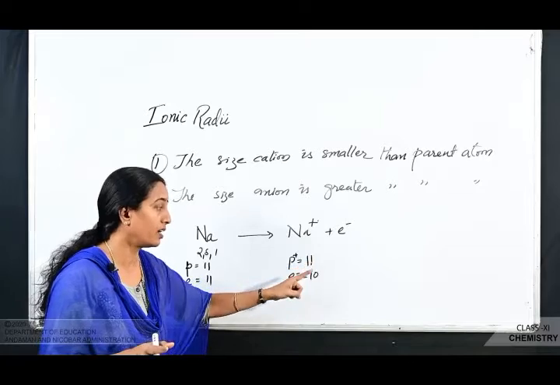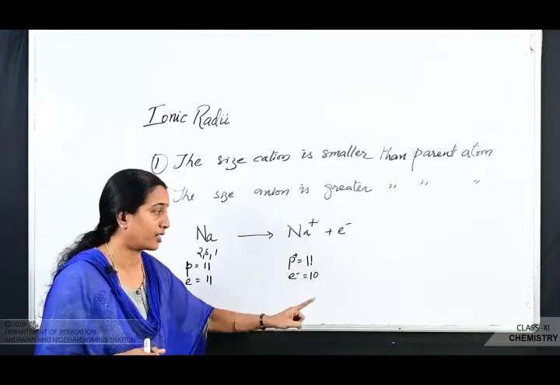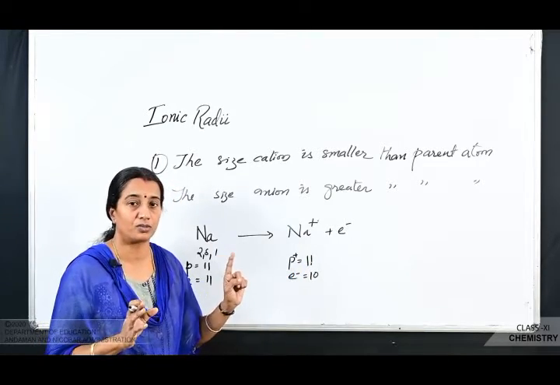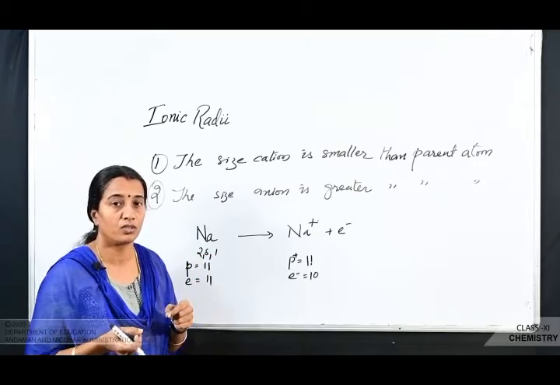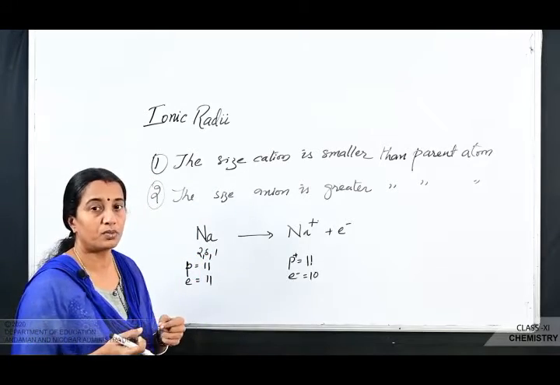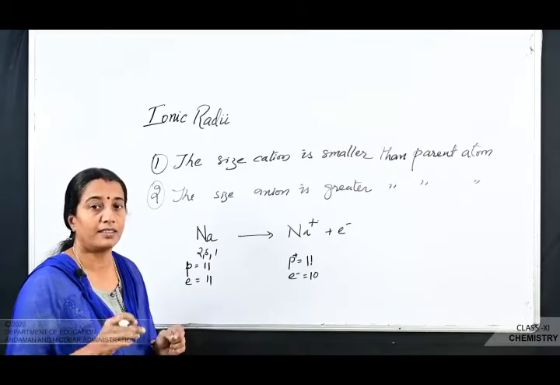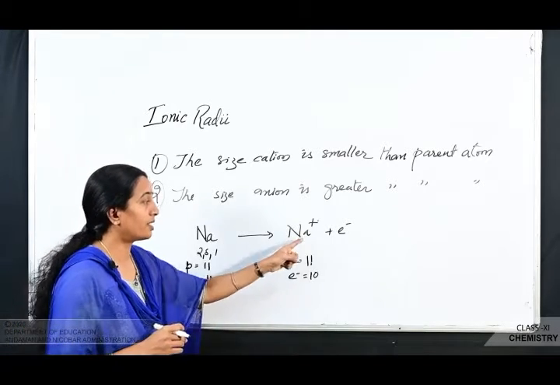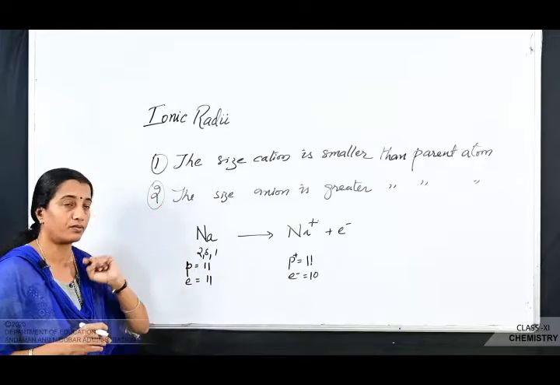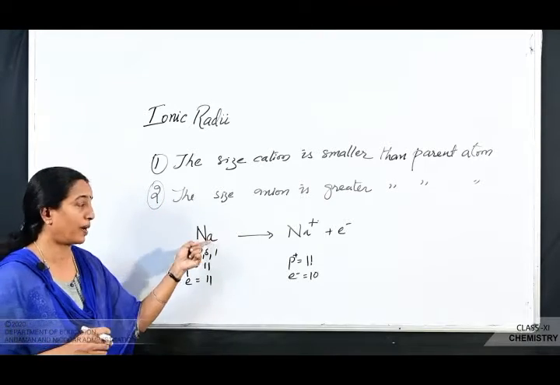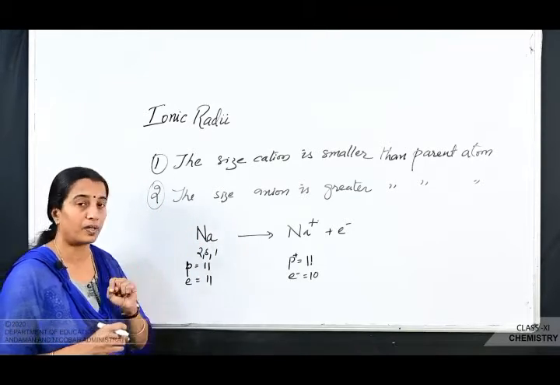That means the 11 nuclear charge has to hold only 10 electrons, so the hold will be more. When the hold is more, they will be pulled more, and when the pull is more, the size will decrease. Okay, so the size of the cation is smaller than that of the parent atom.